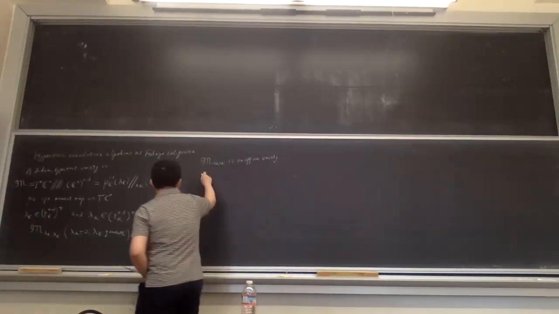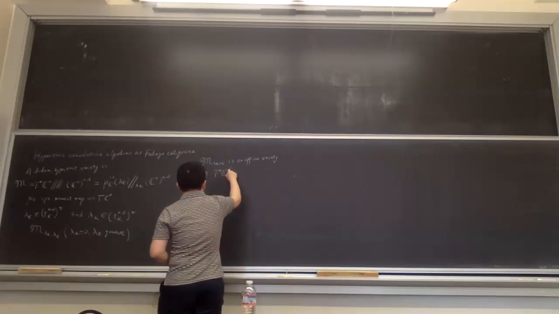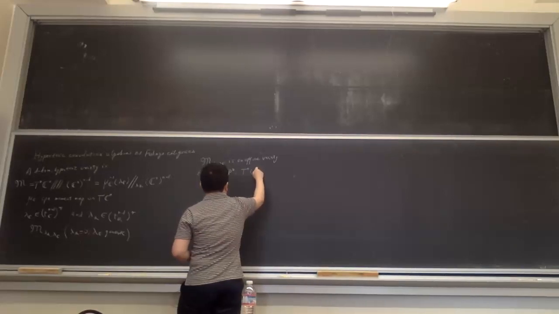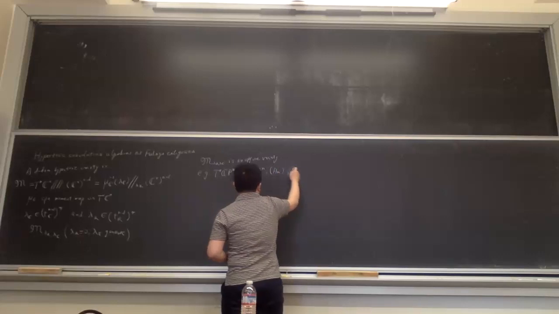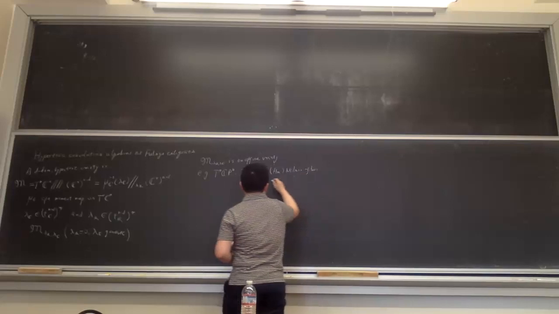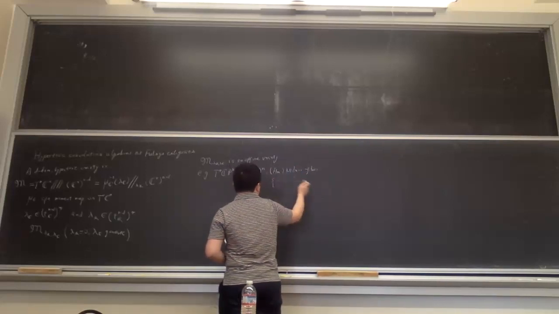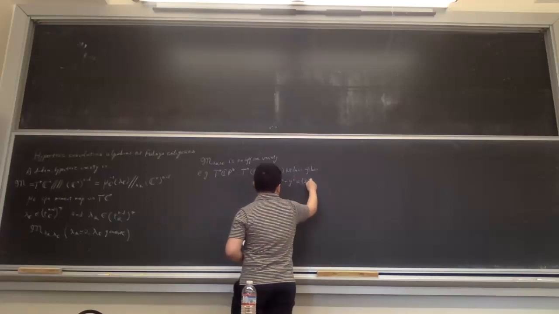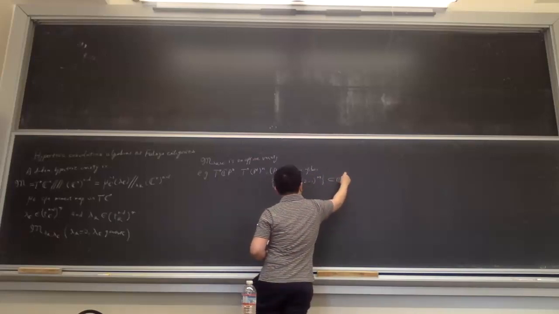So for example, we have the cotangent bundle of CP^n, the cotangent bundle of n copies of P^1, and the Milnor fiber associated to an A_m singularity, which maybe many of you are familiar with, but I just want to write down the definition: x squared plus y squared equals (z minus 1) to the power of m inside C^3.